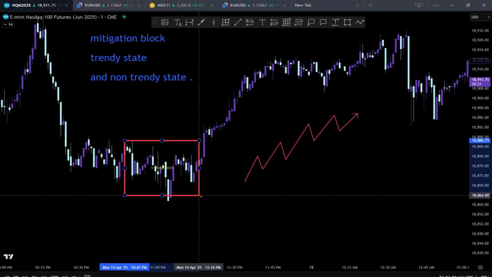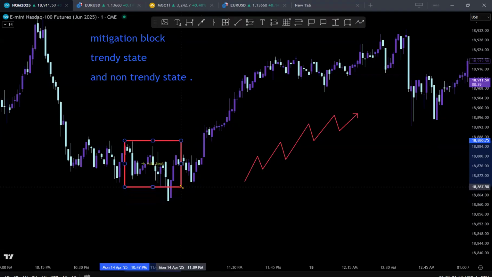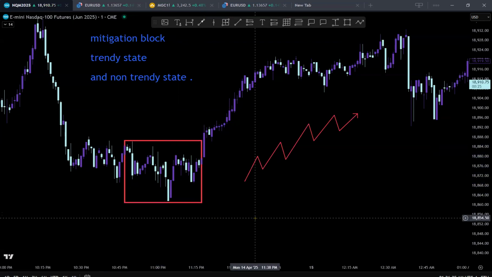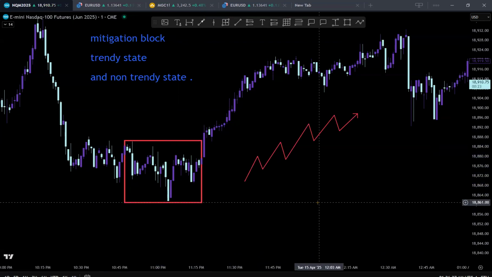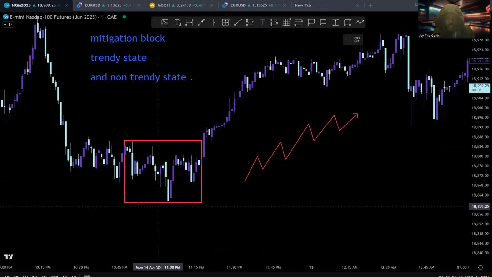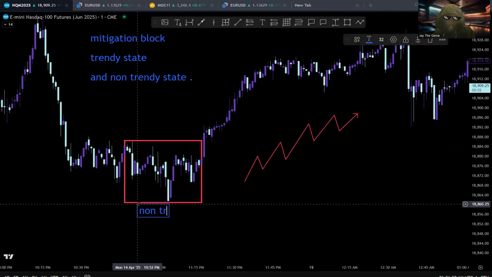This here? Yeah. It sucks, doesn't it? What do we call that? Trendy state mitigation block. Non-trendy state. MB.